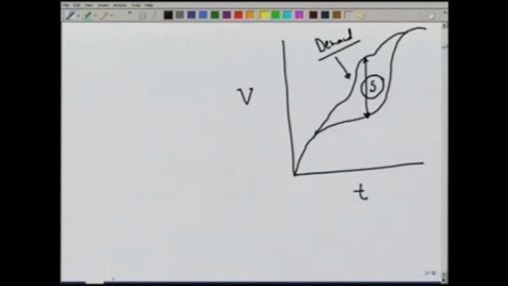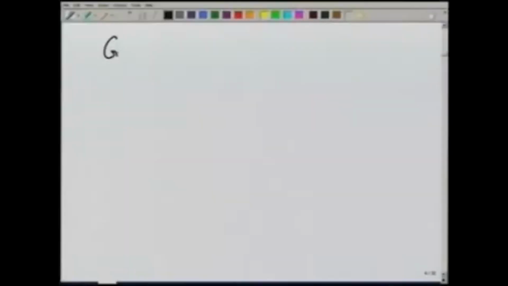Now, let us look at the other problem, in which for a given storage we find out what is the Q which we can supply from the river at that point.